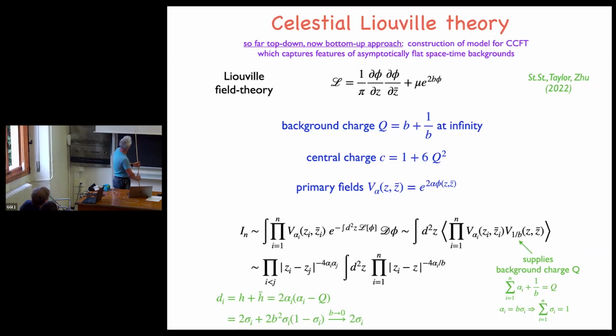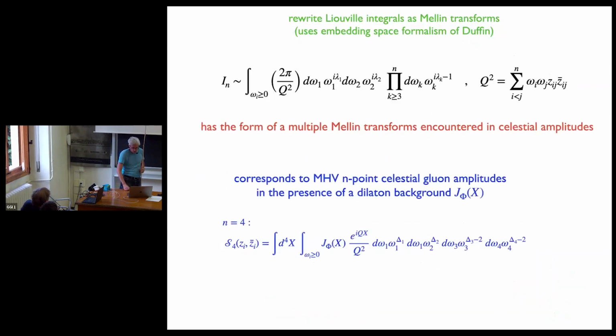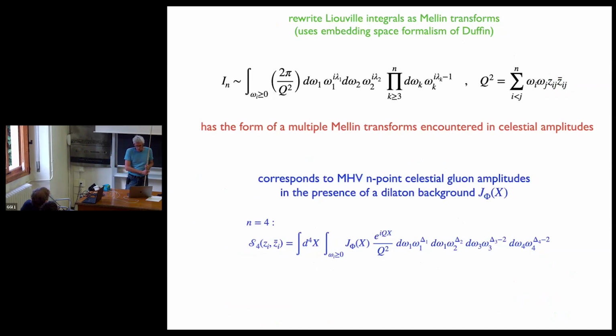Now, I showed you before the solutions of these differential equations, the general solutions, which can be classified by this dilaton background J. So you can see already that this Liouville correlator has much the same form as what we find as our solutions. So how can you match this? Take this source, and then this is exactly the same.